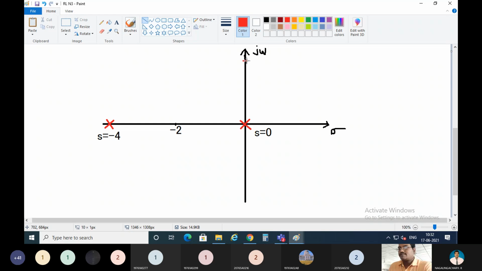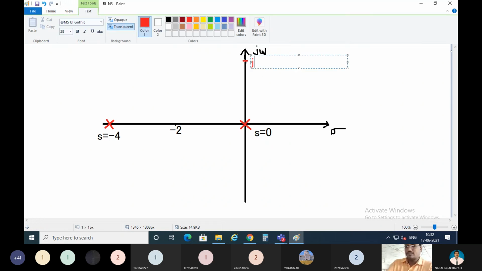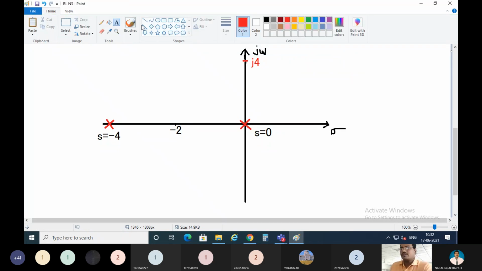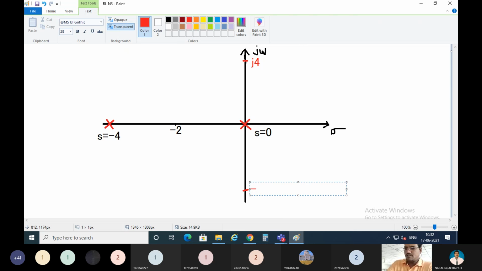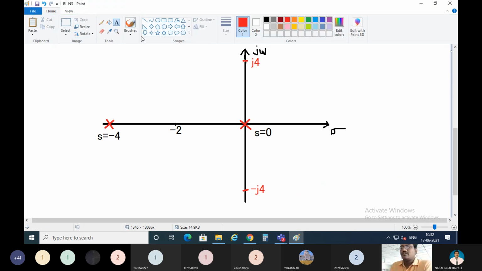This is J4, and this is minus J4. If I draw it here, there is one more pole, and here there is one more. This is plus J4, minus J4.